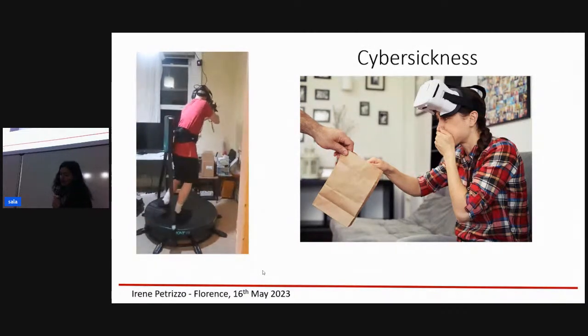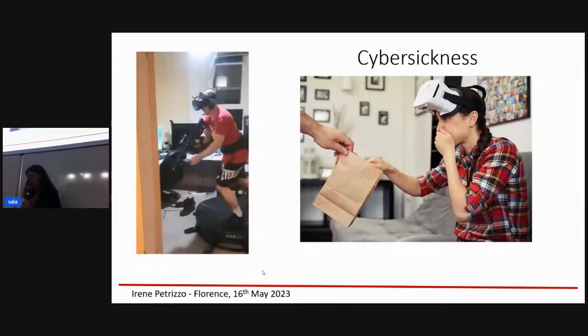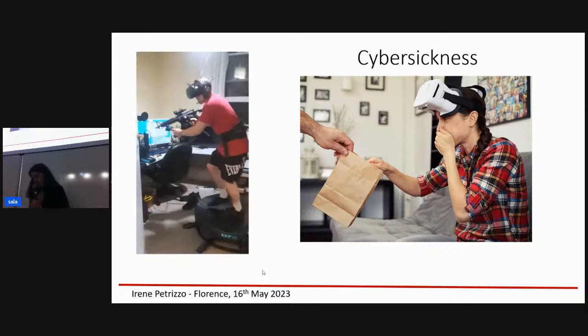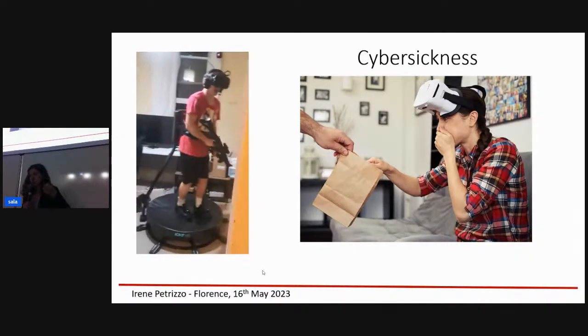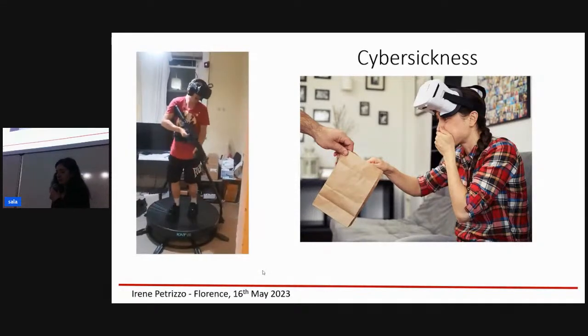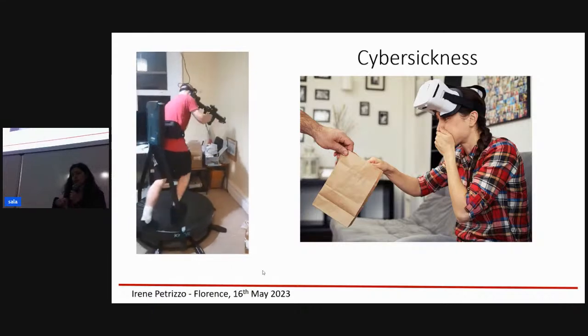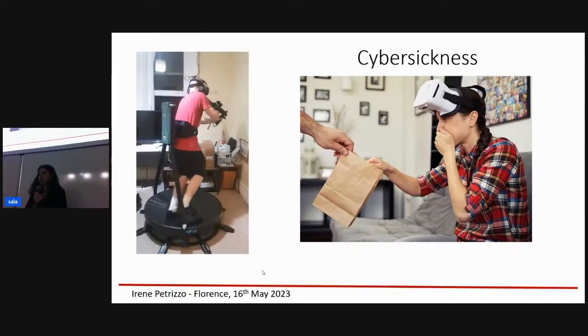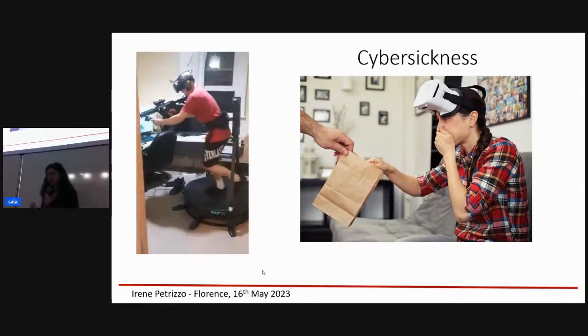One phenomenon that has been discovered to be associated with the use of virtual reality is cybersickness. That is literally the sickness induced by the use of virtual reality. And this happens when there is a mismatch between what your eyes see in the virtual environment and what your vestibular system, the system that tracks the position of your body in space, feels.